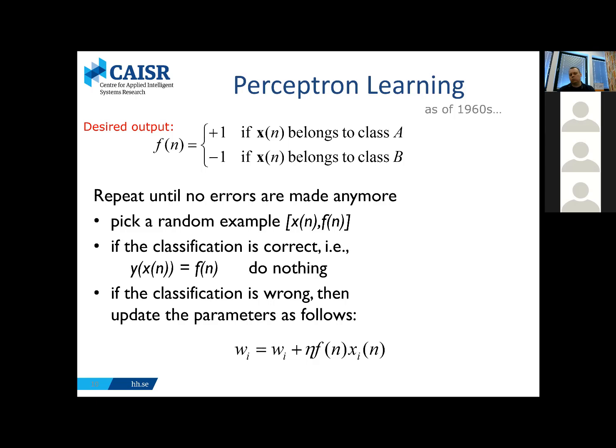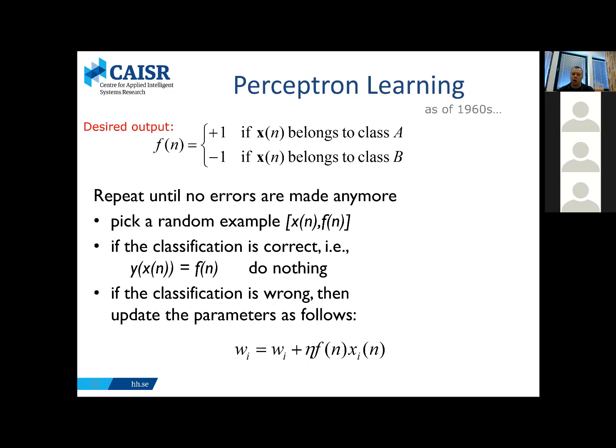If we want to train our perceptron to recognize this, we can start with random settings, so random weights. We pick one of the examples from our training set, and if the classification of this example is correct, so if our neuron gives the same answer as we expect, then we don't need to do anything.